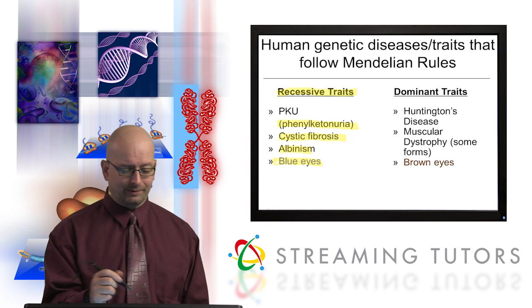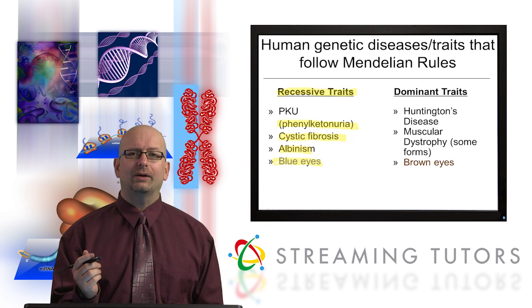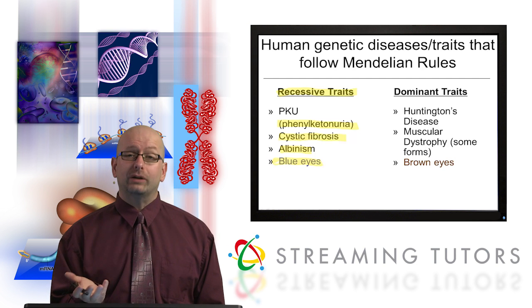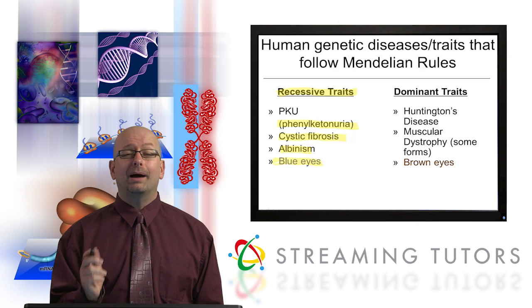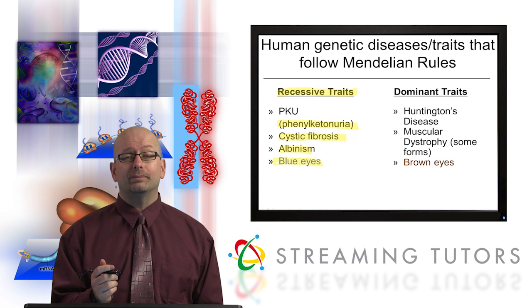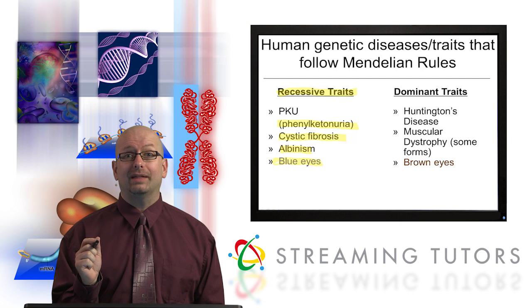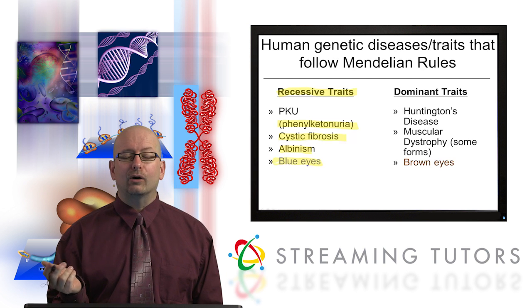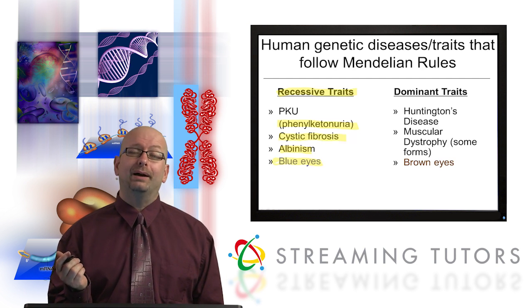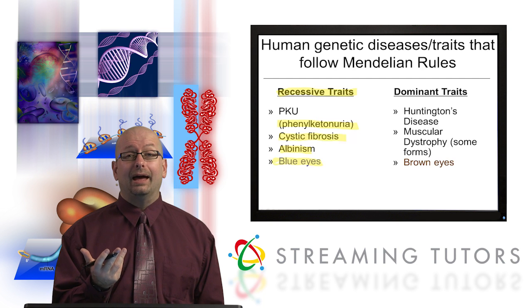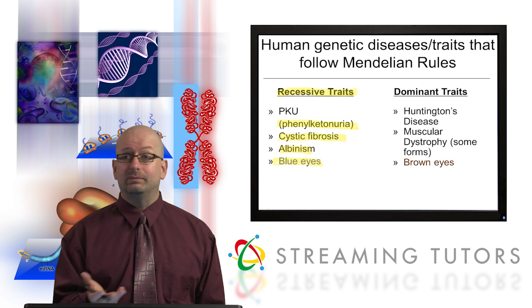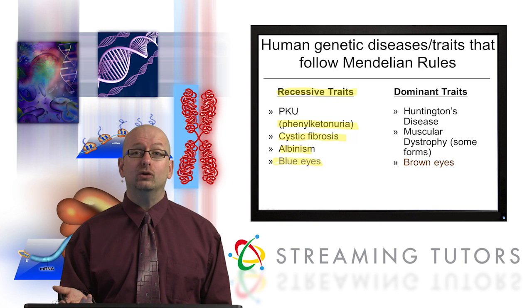And blue eyes is a trait that I possess. I don't know if you can tell, but that's inherited in a recessive fashion. In my case, my mom has blue eyes, but my dad doesn't. But he must be a carrier of blue eyes, if you want to say it that way, right? We usually say carrier for a disease, but if you're expressing the dominant trait and you can have offspring that express the recessive trait, you must be a carrier.